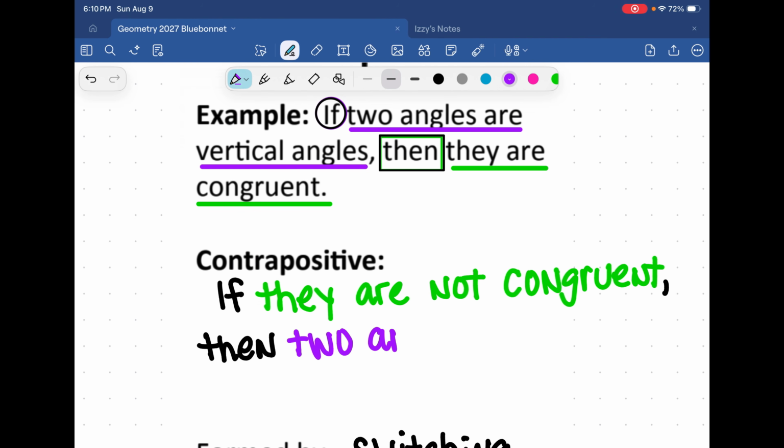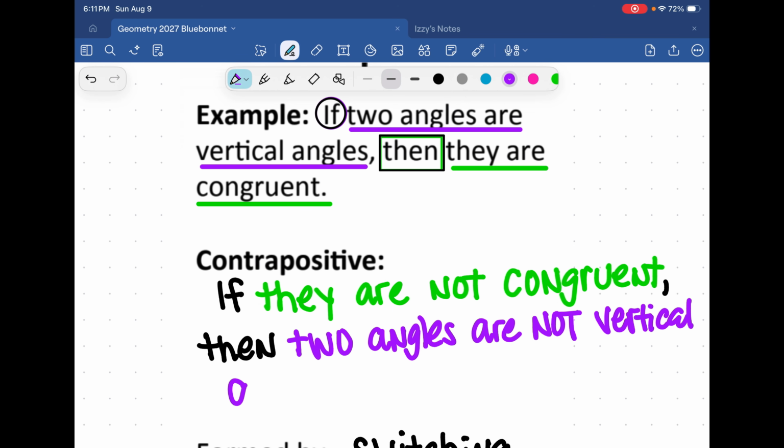Two angles are not. That's a perfectly fine place to end it, or you can just go ahead and finish with the words that are there.